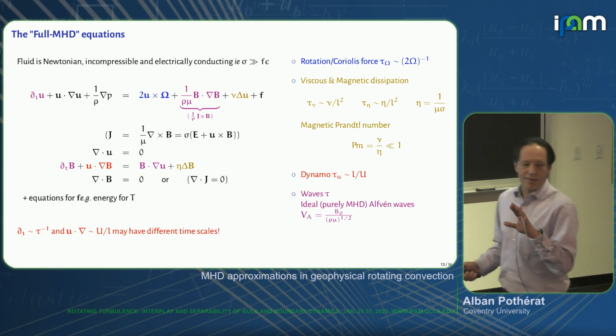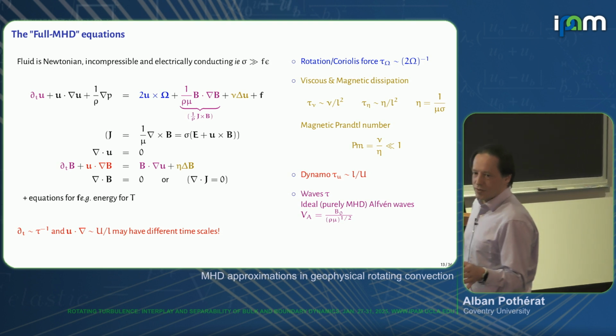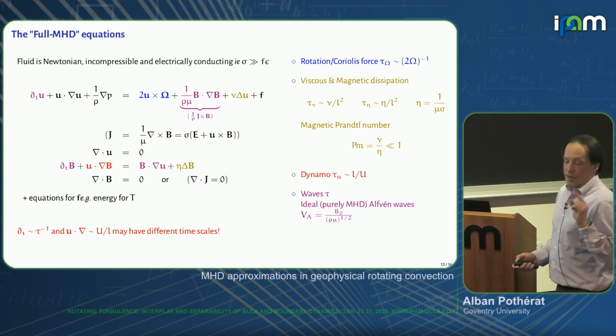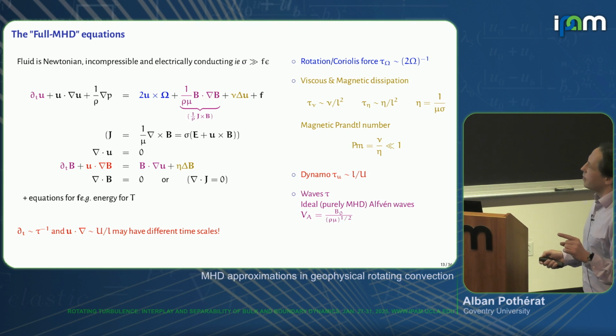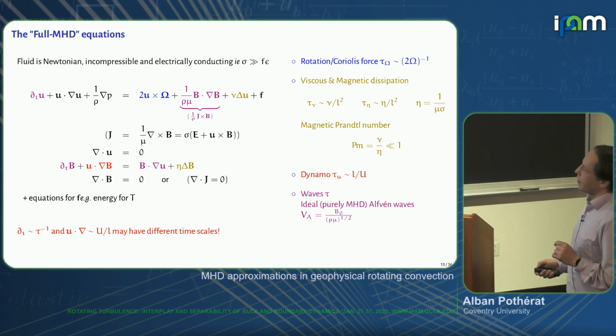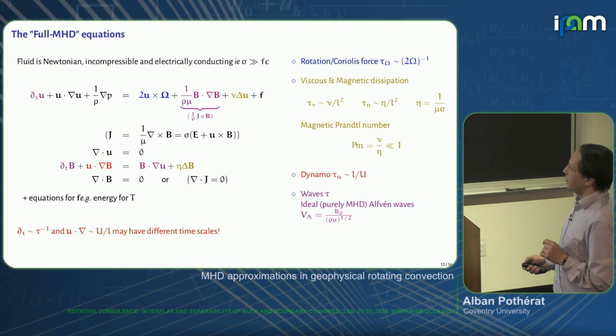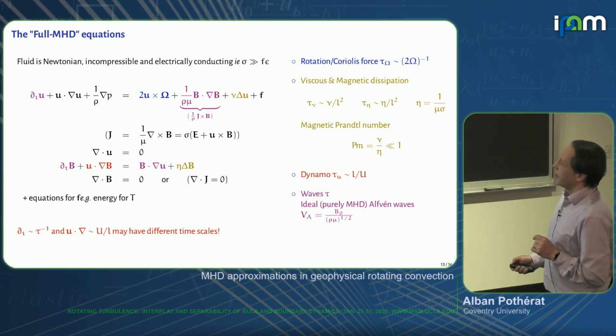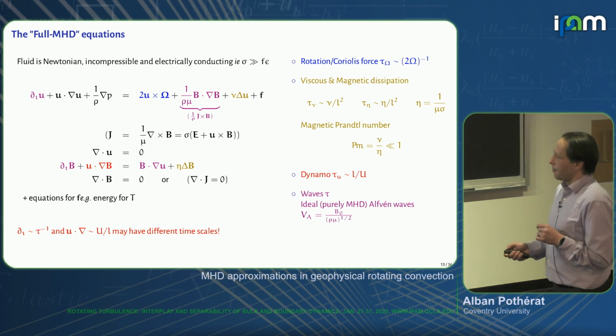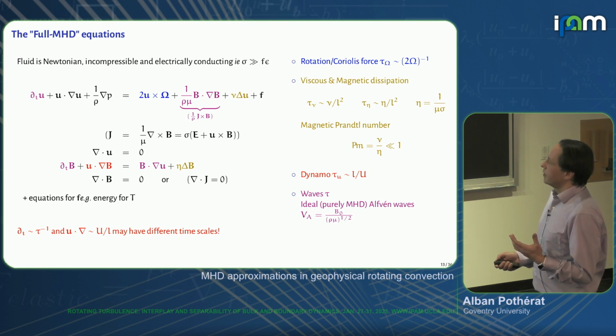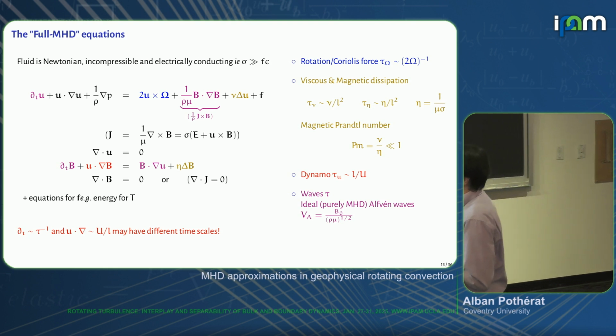Then you recognize a very simple hyperbolic equation with propagation in the direction of the magnetic field lines, and a velocity that comes as the magnetic field divided by the square root of rho times mu. That's your Alfvén velocity, Alfvén wave.